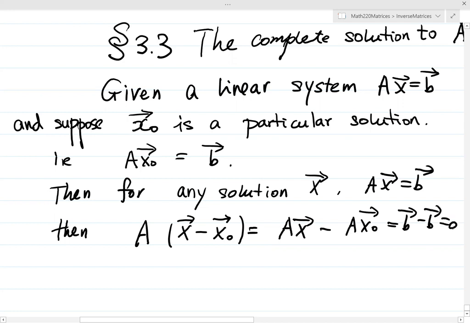So this means x minus x0 is in the null space of A. This vector x minus x0 is in the null space of A.